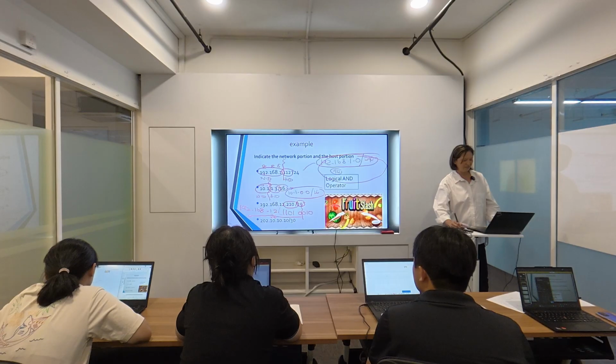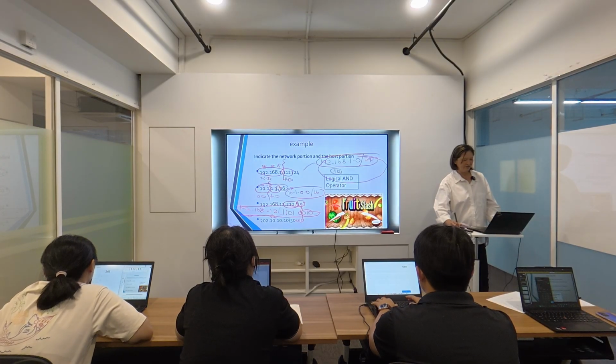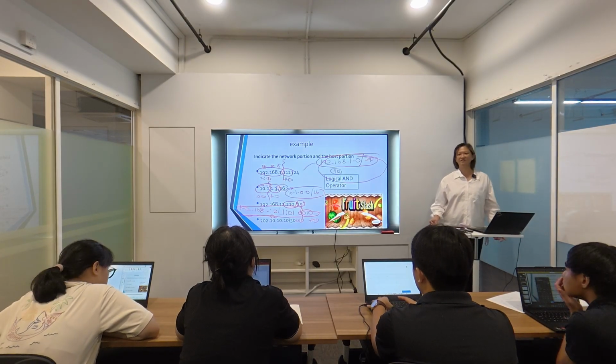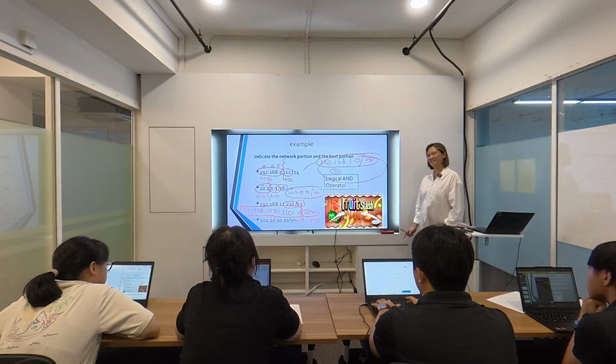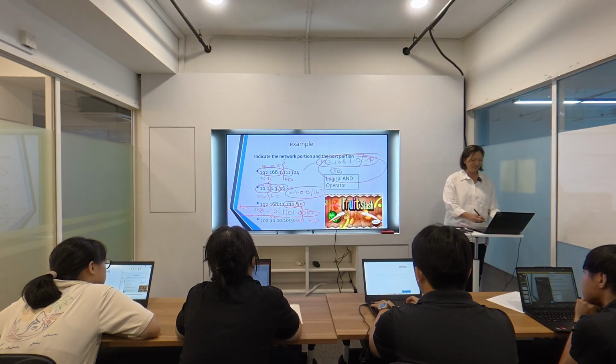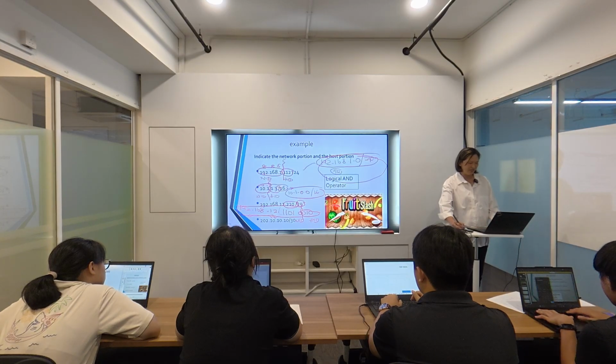So this portion up to here is the network ID portion or the network part. And then the 3 bits behind here would be the host ID or the host part. So how do I represent it in the network address? Is when all the host parts become 0. Okay. So, okay, I'm going to write it on top here.